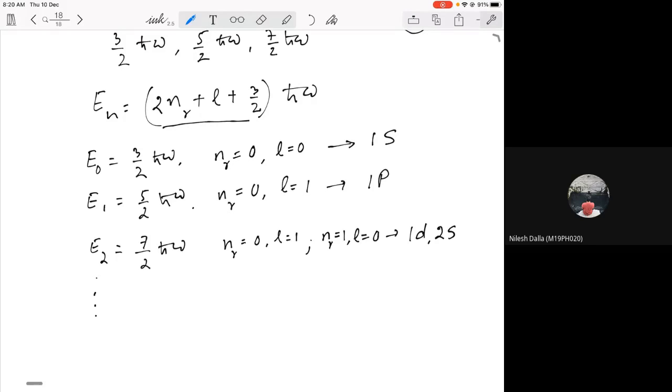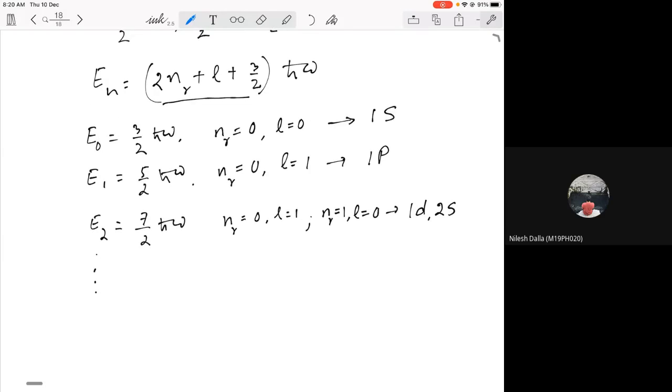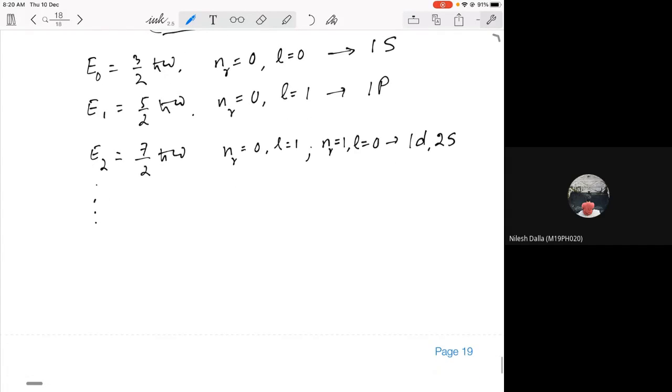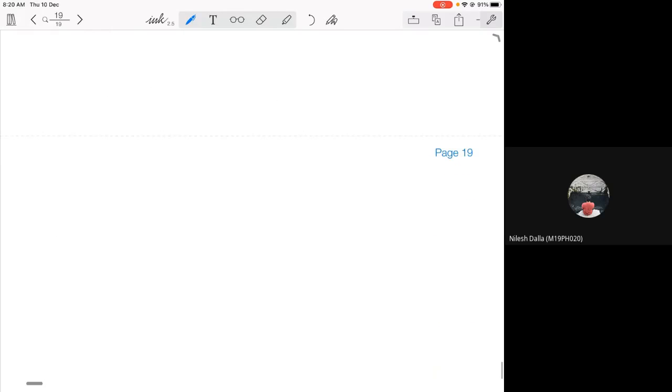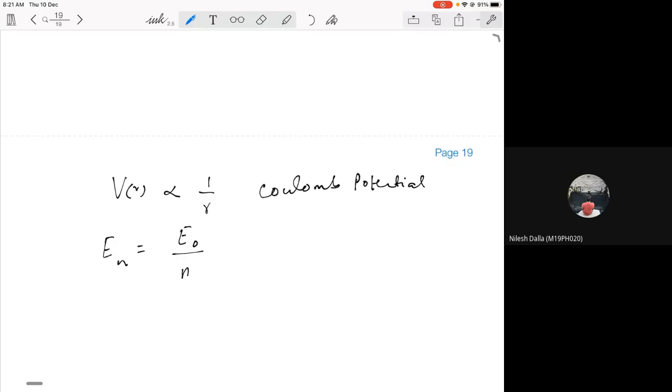There is no restriction as such that L has to be less than n, or smaller than n. This restriction actually comes in when you take the Coulomb potential, the 1/r potential. If your potential is proportional to 1/r, which is your Coulomb potential, then your energy levels go as minus the ground state energy divided by n squared.